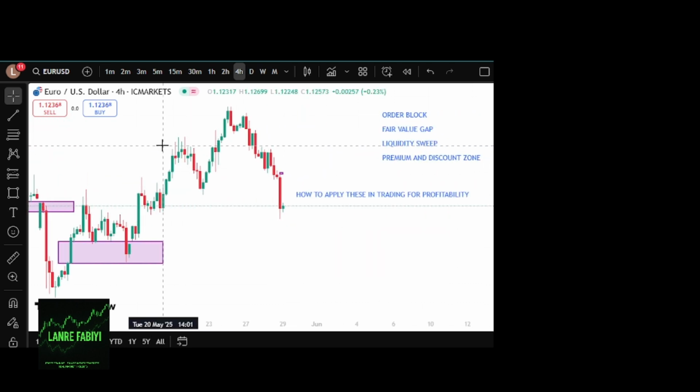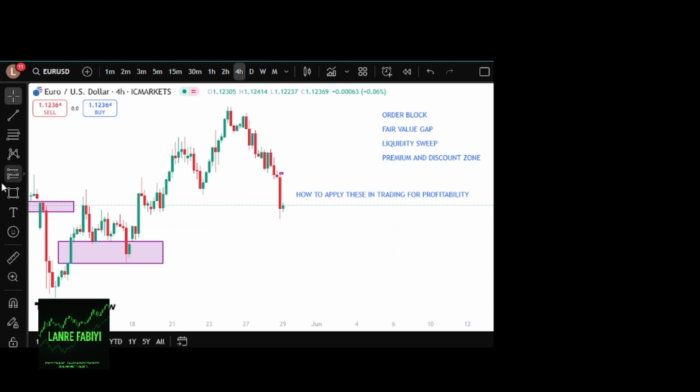Then let's talk about premium and discount zone. Premium and discount zone is another effective SMC tool. How do you get the premium and discount zone? All you need to do is get the price range. Find the most recent swing high and swing low.